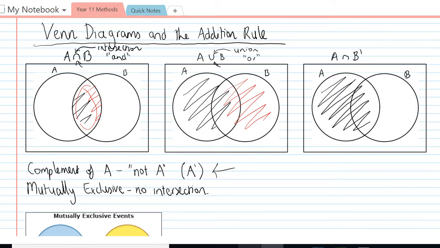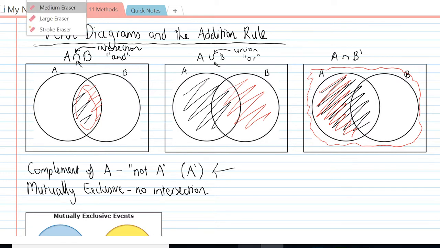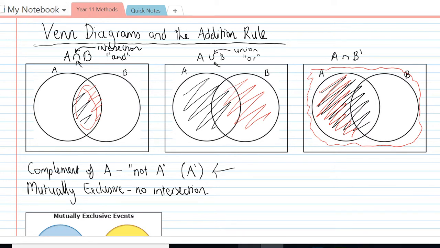And if I shade in B dash, remember that's not B, well, that's going to be this part here. Notice I'm avoiding the middle section because that's part of B. We also have this region around the outside. And so when I want to do the intersection of these, I'm looking for where the two regions overlap, and that's clearly where the red and black are there together.